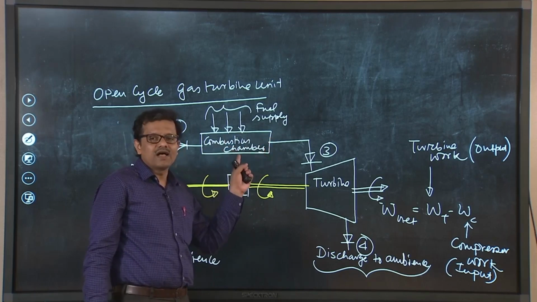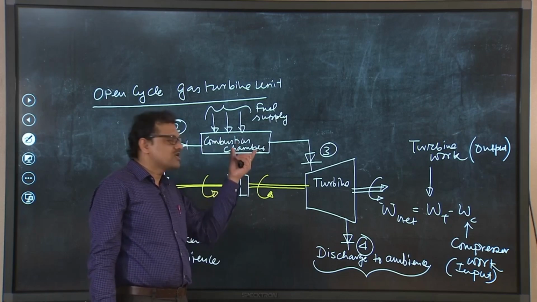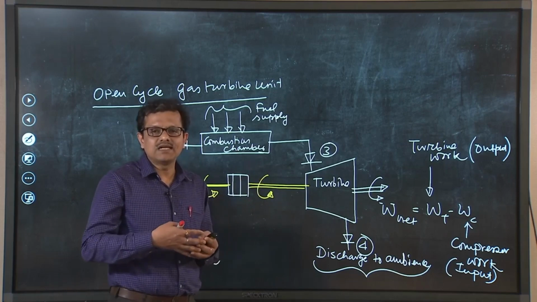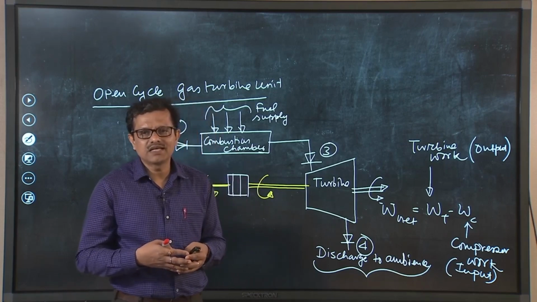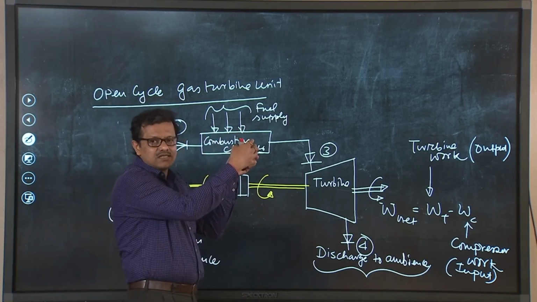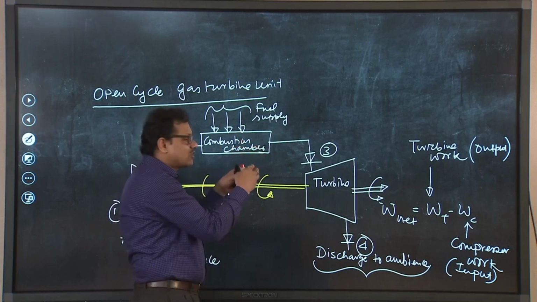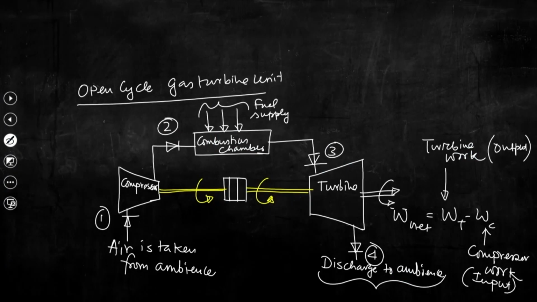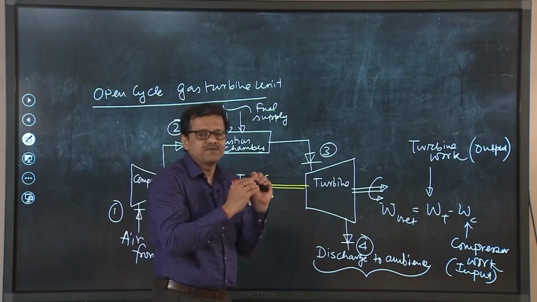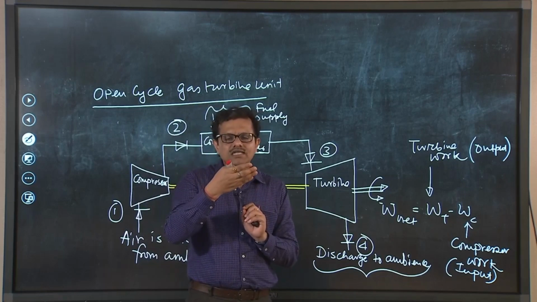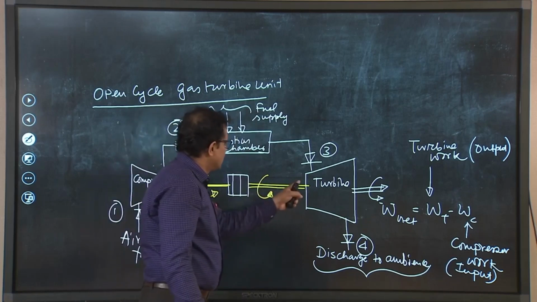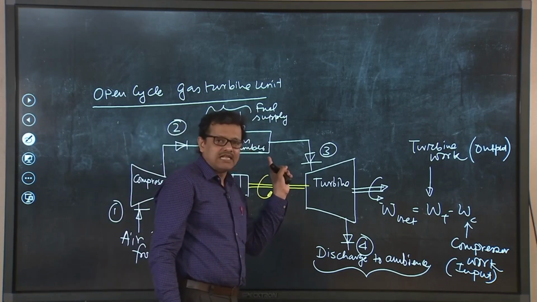But to simplify the entire combustion process that would be used to quantify the mathematical form of the efficiency of the gas turbine cycle, it is assumed that an equivalent amount of energy in the form of heat that would be generated because of this combustion will now be transferred to the working fluid, and that energy is as if coming out or being liberated by the combustion reaction. So, this is basically the important thing.